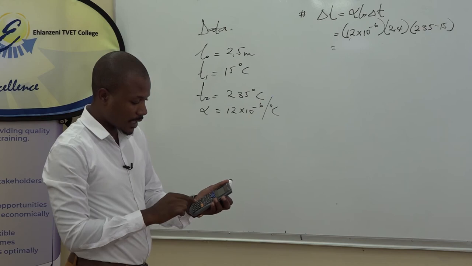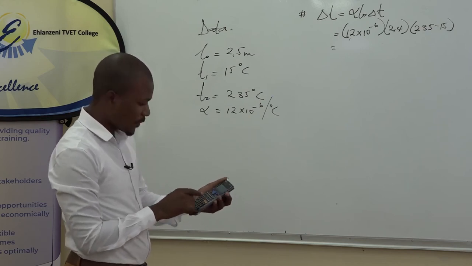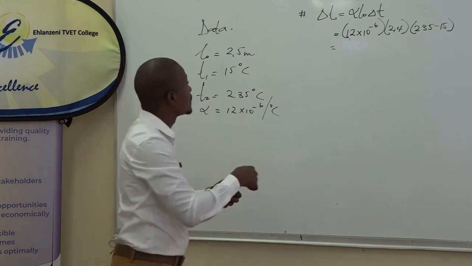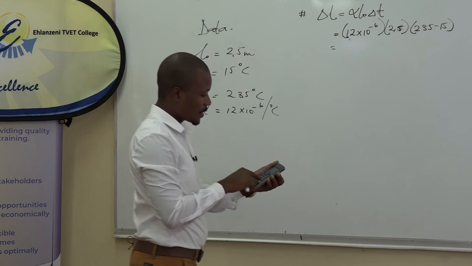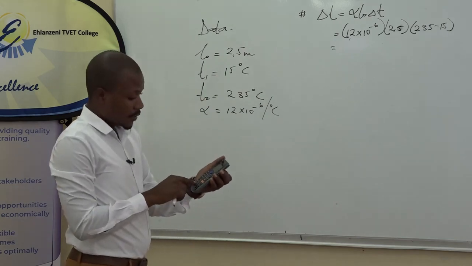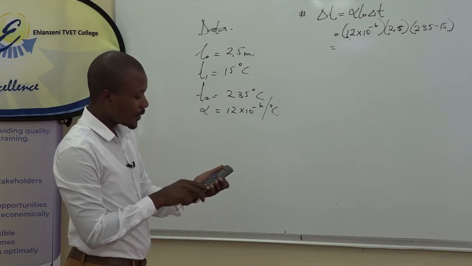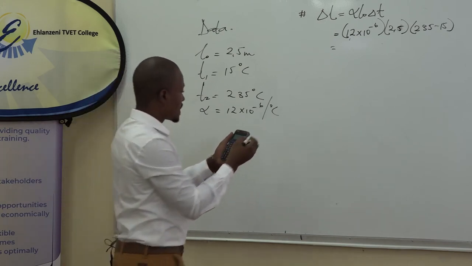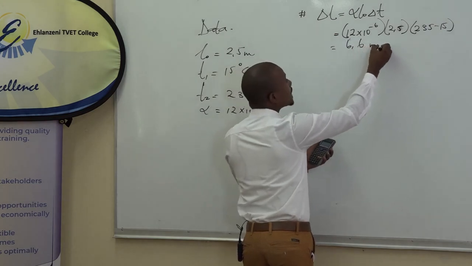Now let us find what that is. 12 exponent negative 6 multiplied by 2.5, multiplied by 235 minus 15. This is what we have. We have 6.6 millimeters.